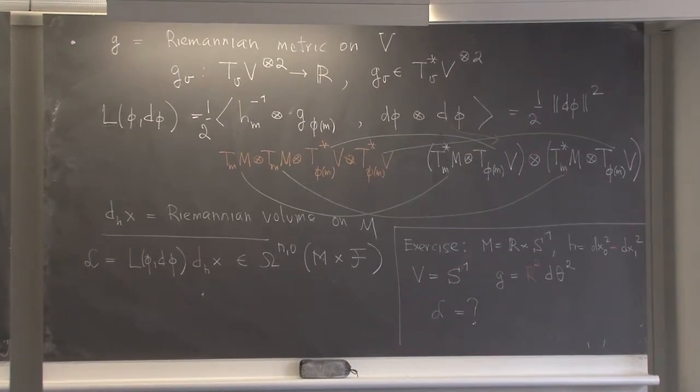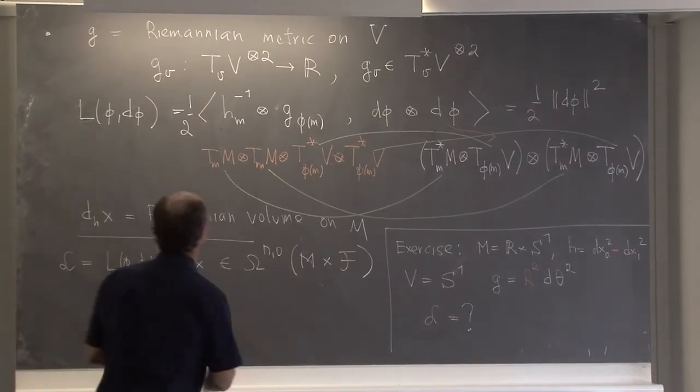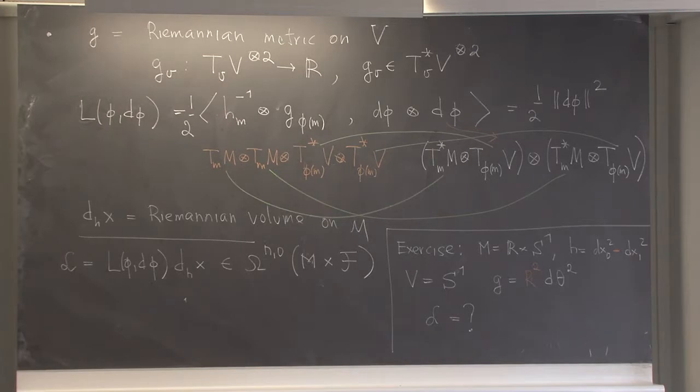Okay. So this was one example of how we can write Lagrangian densities. But actually, there are other ways as well. So let me show you two of them.